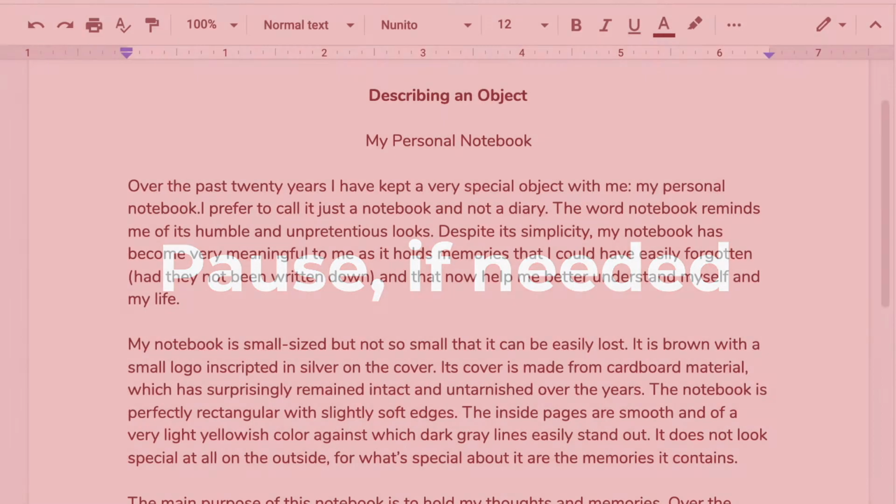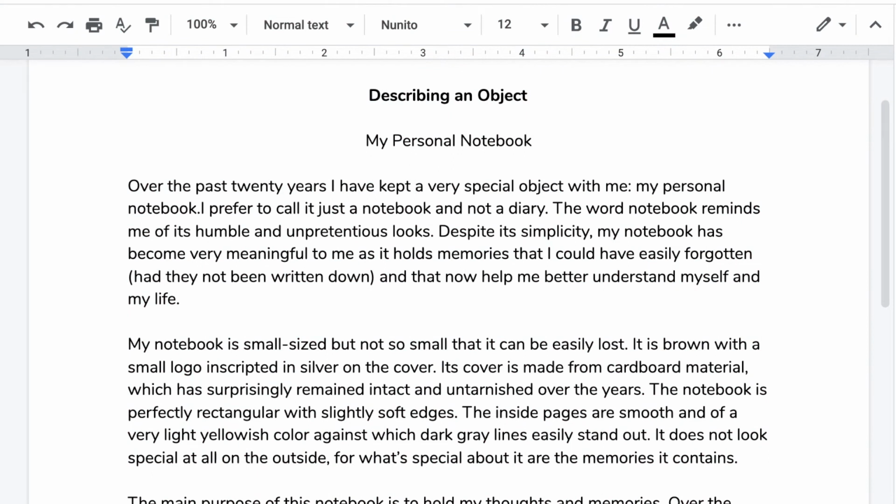So let's analyze the introduction of this second essay, which is a description of an object and titled My Personal Notebook. So first question in the introduction, what is the effect of the very first sentence on readers? Again, as we saw before, usually the very first few sentences in an essay not only introduce the topic, but try to grab the reader's attention by providing a hook.